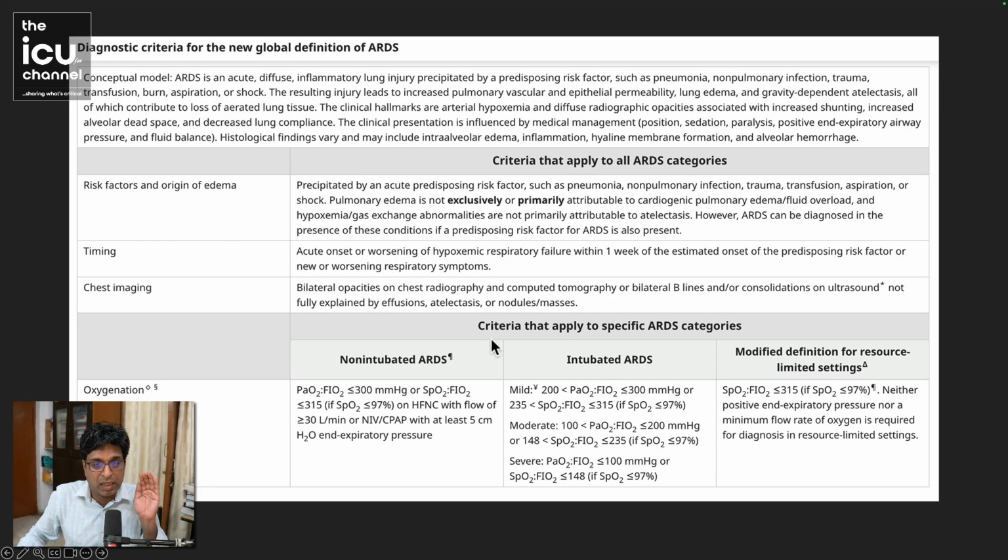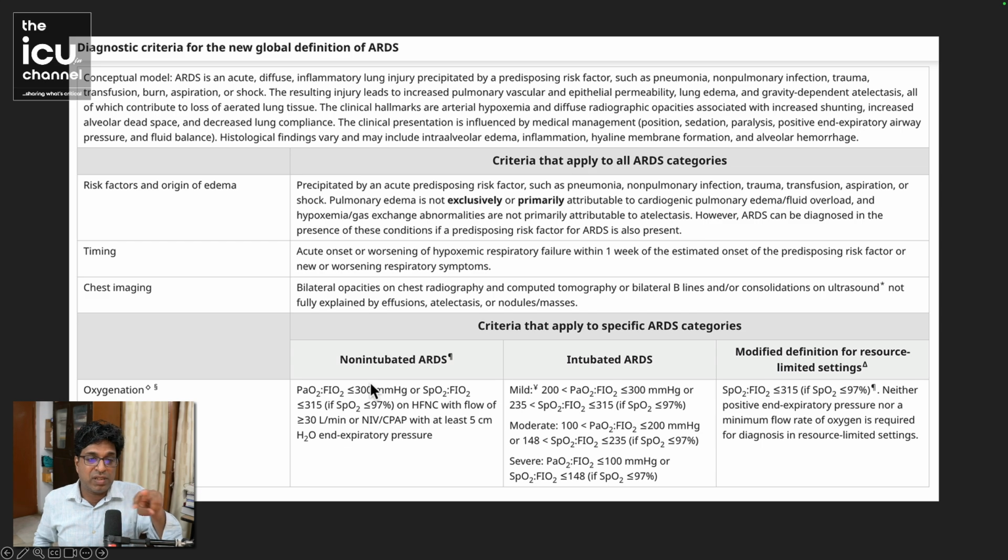Now the criteria that apply specific to ARDS categories: mild, moderate, severe. So they have divided into three: non-intubated, intubated, and resource limited setting. Non-intubated ARDS means the patient is on either NIV, BiPAP mask, or HFNC or HFNO oxygen.